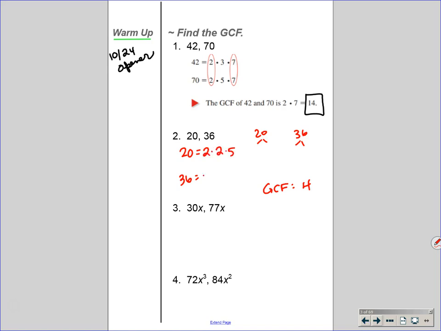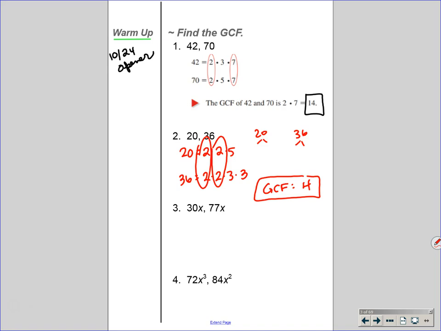And 36, you would get 2 times 2 times 3 times 3. What was in common were two 2s. That's it. Everything else doesn't match. So there was a 4 in common. Some of you can see it just by, oh yeah, 4 goes into 20, 4 goes into 36, nothing bigger does. That's one way of seeing the GCF. But remember, up here that wasn't enough. 14 would have been really hard for all of us to figure out.